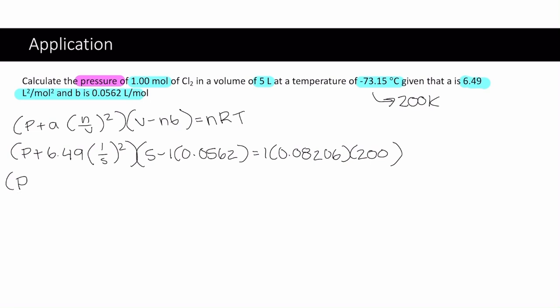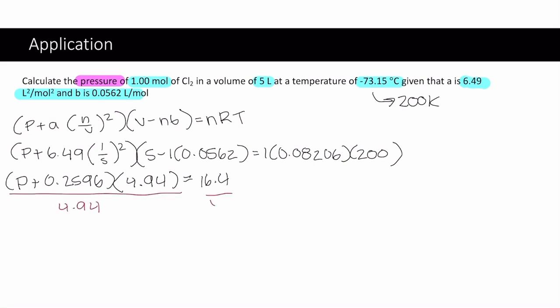So P plus 0.2596 multiplied by 4.94 equaling 16.4. We're going to want to divide both sides by 4.94. This is going to give us P plus 0.2596 equaling 3.32. Now we're going to subtract 0.2596 from both sides of the equation.